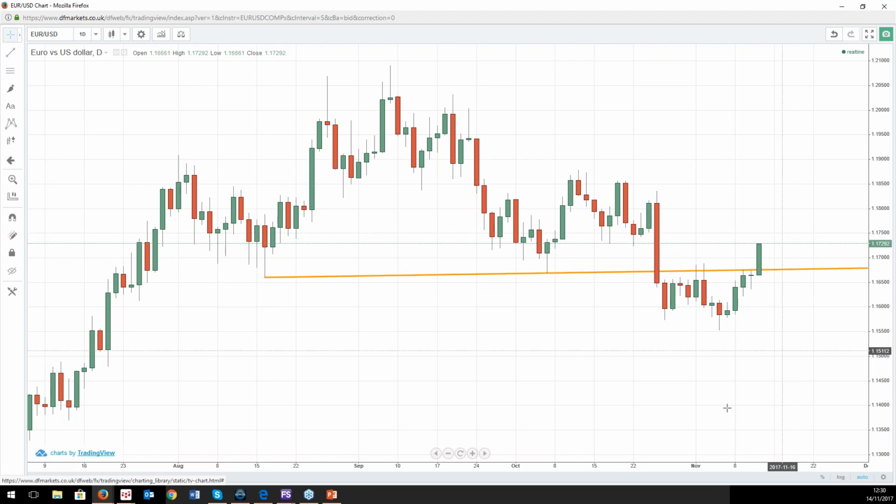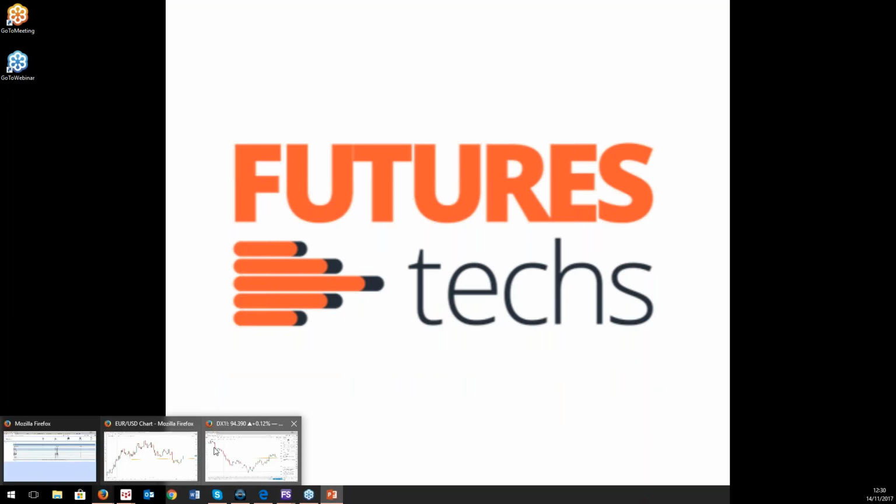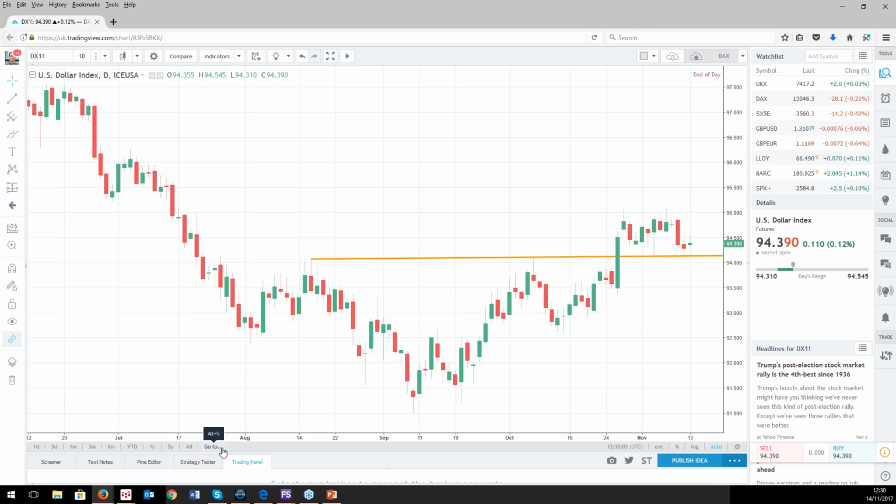Now this is something that's confusing me slightly at the moment, and bothering me, if you like, and I just need to find the chart. Where is the chart I want to show you? This is the dollar index.